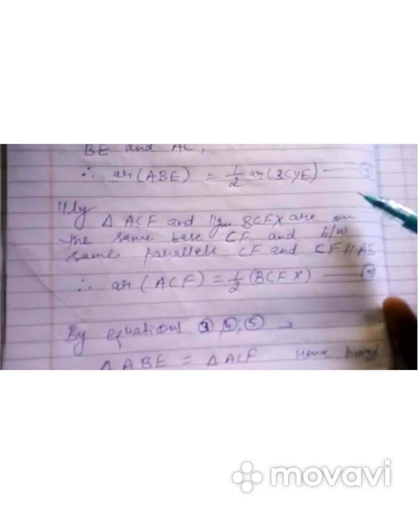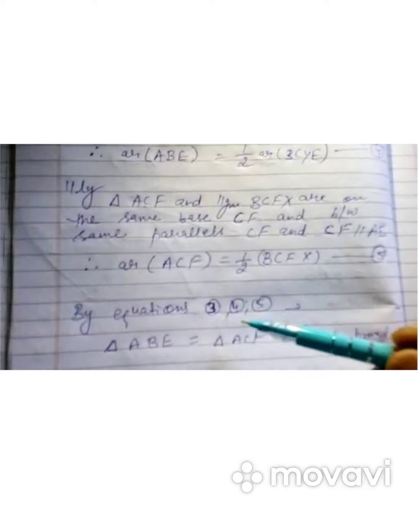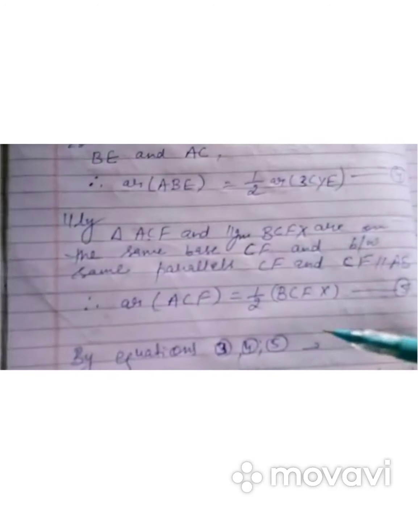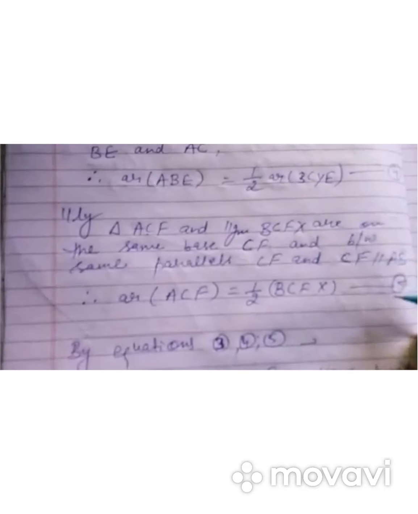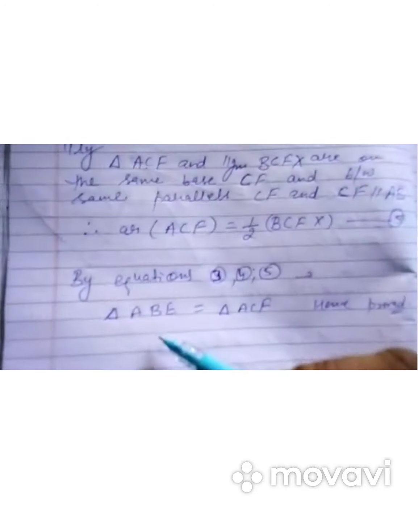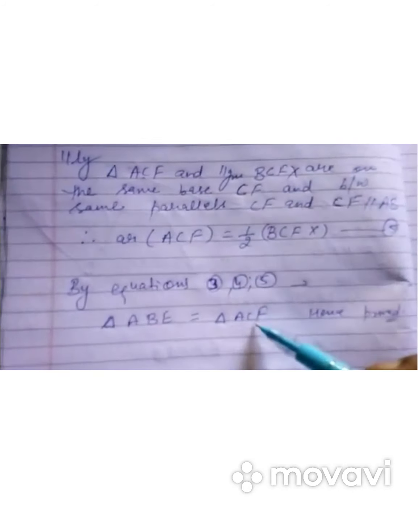Now by equations 4 and 5 and also the third, in which we proved both parallelograms have equal area, we can write area of triangle ABE is equal to area of triangle ACF.